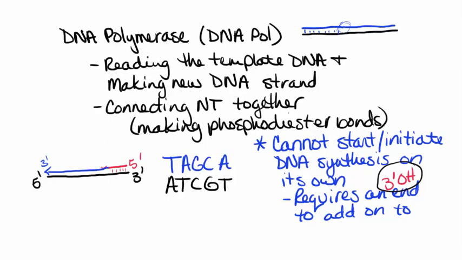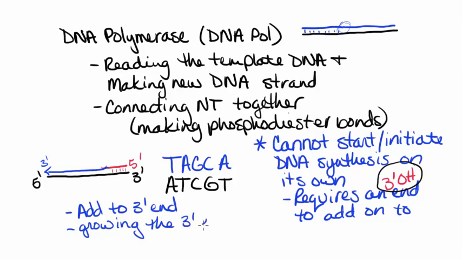So if we mention it in another way, DNA polymerase is going to add to a 3' end, or in other words, it is growing, extending the 3' end. What it cannot do is add on to a 5' end. It absolutely cannot do that.